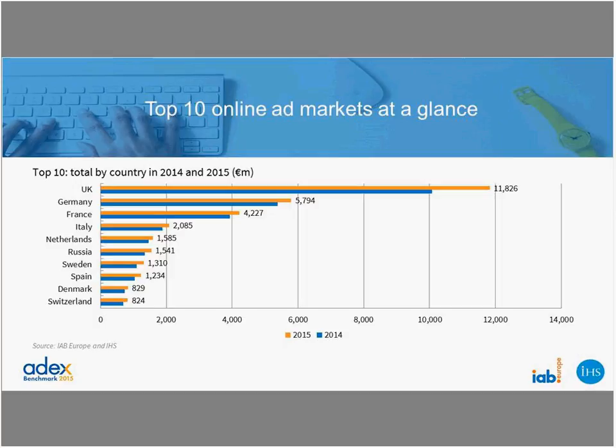But what's also very noticeable here is that the UK is nearly twice as large as its closest competitor, Germany. And this isn't just down to the size of the population: the UK's population is 65 million, while Germany has 80 million.